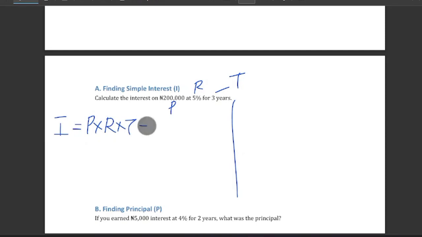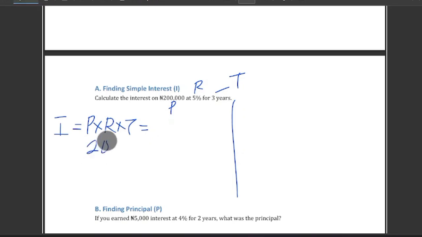Which means P, which is 200,000, times the rate, which is 5%, and 5% is 0.05. We have just done that. 0.05 times 3.